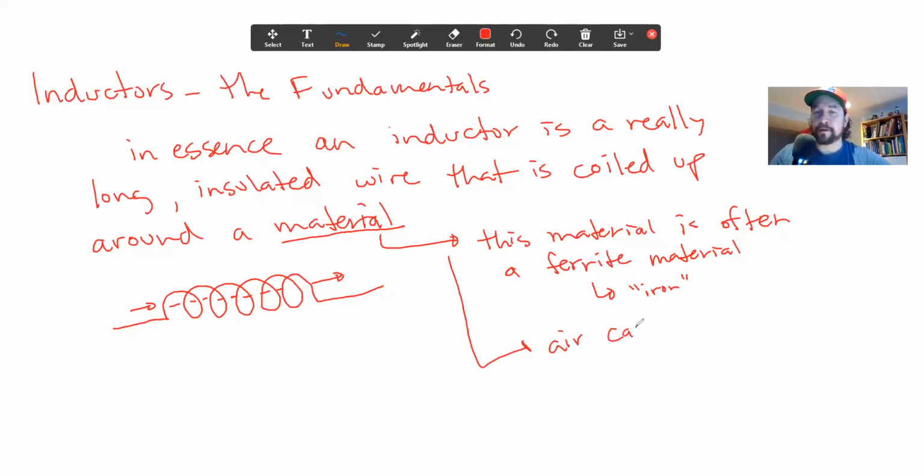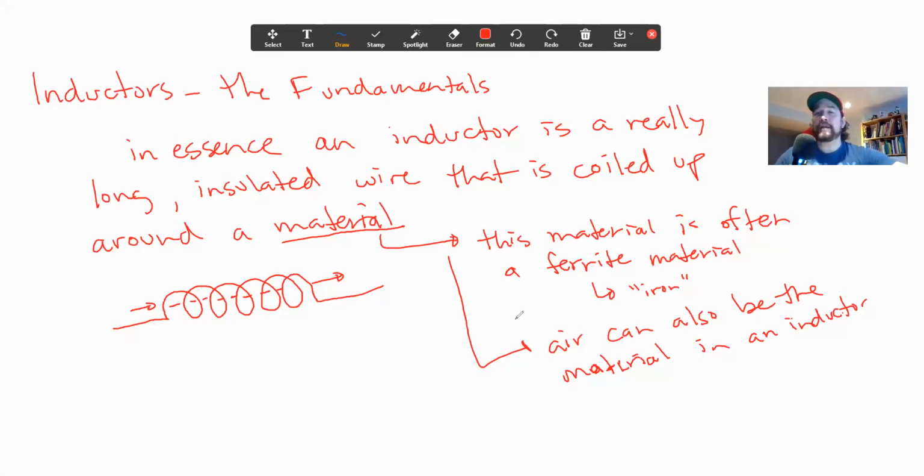Air can also be the material in an inductor. It has different properties, but will still produce the inductance that we're expecting.